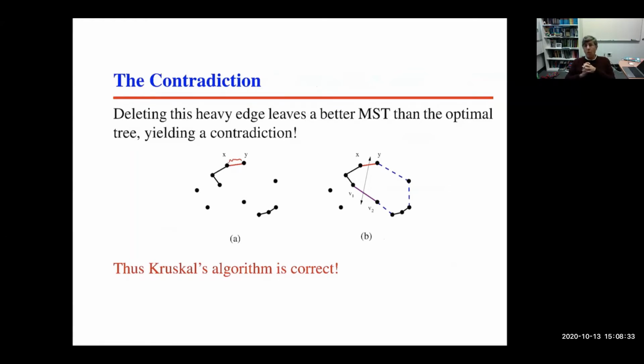I'll say, oh, show me your minimum spanning tree. And the guy says, well, I will continue this to a minimum spanning tree. And what we know is that when you do this, adding this edge that I wanted that you didn't want will create a cycle.